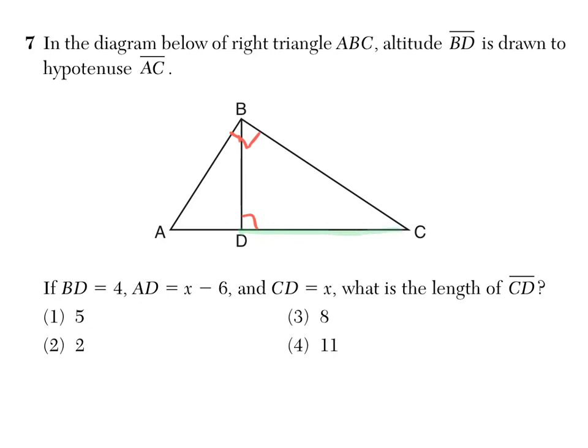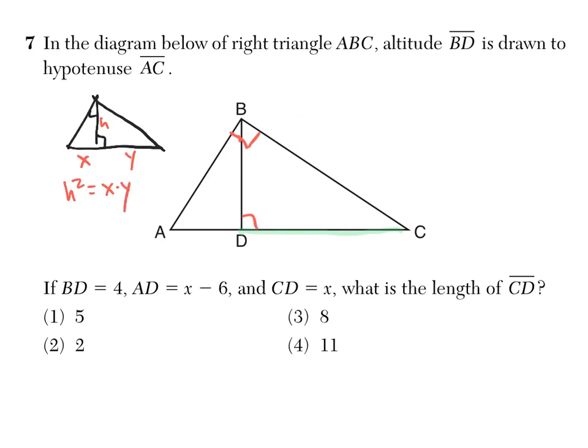Well, how are we going to do this? We know that when we have right triangles with altitudes, we can use geometric means to find the missing sides of these triangles. So I'm going to sketch this out right here. And what do we know? We know that if this is the height, and this is x, and this side is y, we can use the formula h squared equals x times y.